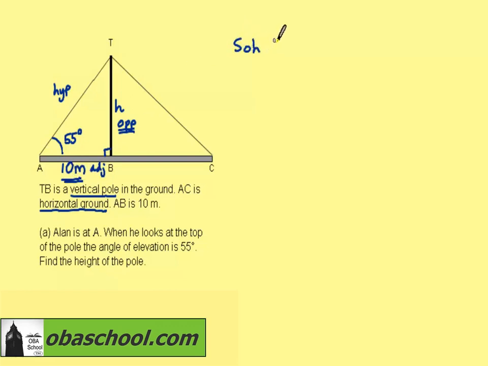If we write down soh, cah, toa, for opposite and adjacent, we need toa. So working from the definition, we get that the tan of 55 degrees is equal to the opposite, which is h, divided by the adjacent, which is 10.